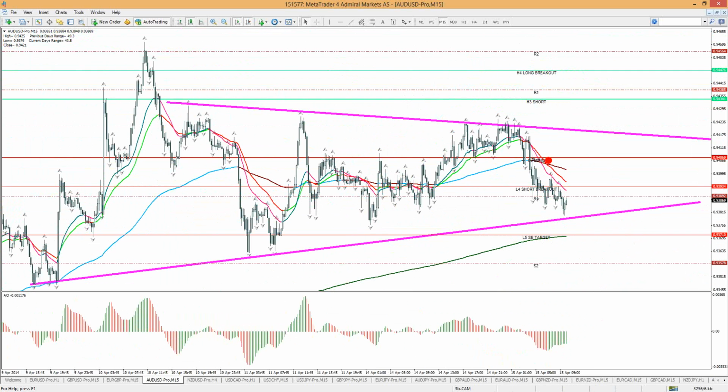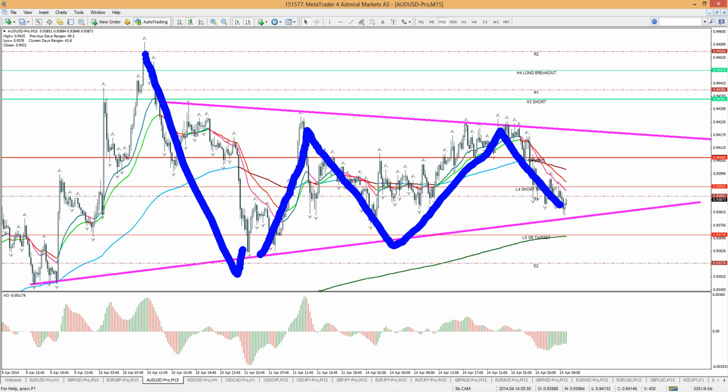If you want to be safe, probably aim for this level here, 94.06. But normally speaking, the target would be at the top of the triangle. But let's see how many legs we have maybe in this triangle. If this is downside, A, B, C, D, that could be E. E could end anywhere.